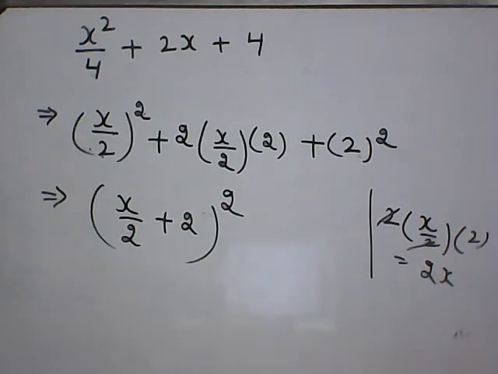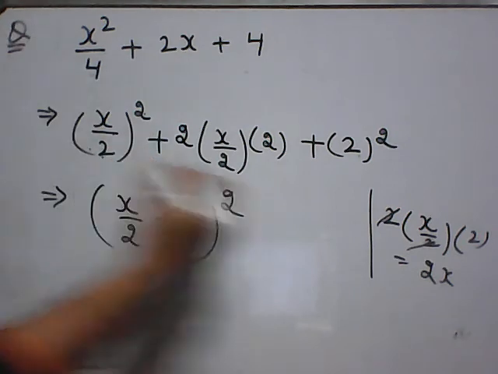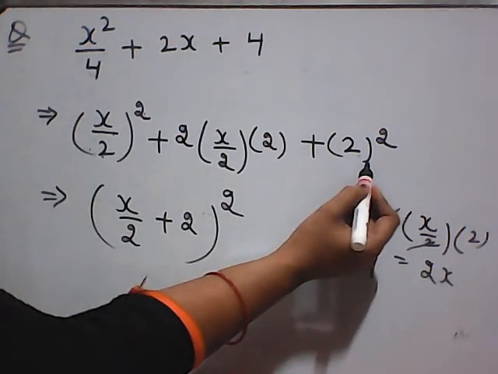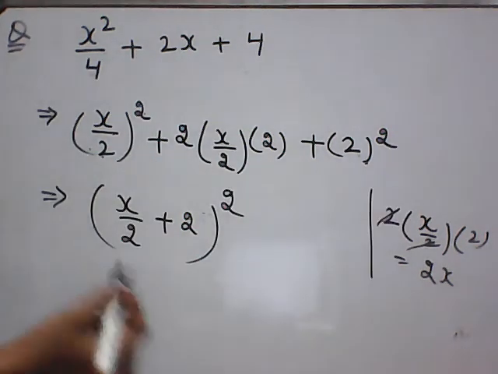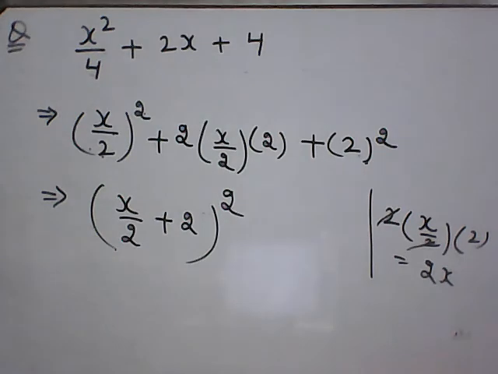If the expression contains the right side of the identity, we can directly put the left hand side. If the expression contains the left hand side of the identity, we can expand it in the form of the right hand side. In this question, the expression contains the right hand side of the first identity, so we can directly put the left hand side of the first identity. So our answer is (x by 2 plus 2) whole square.